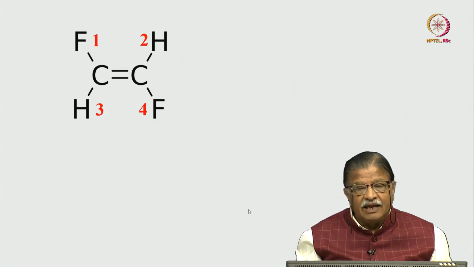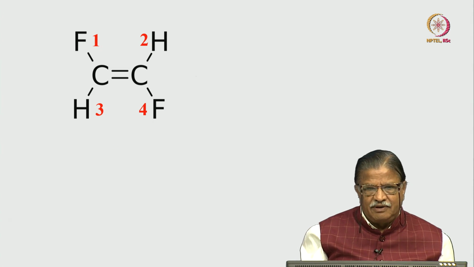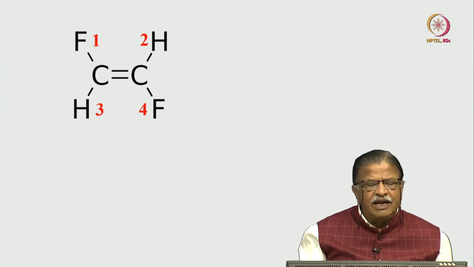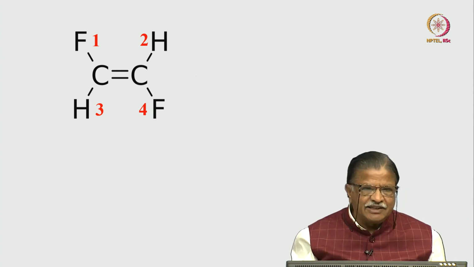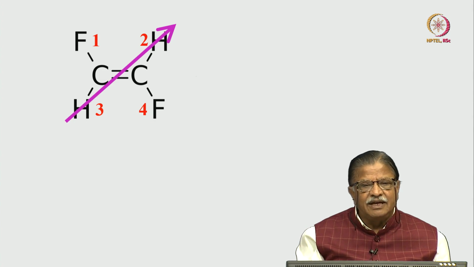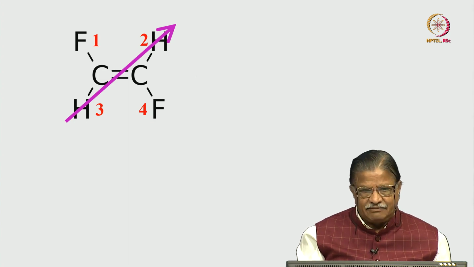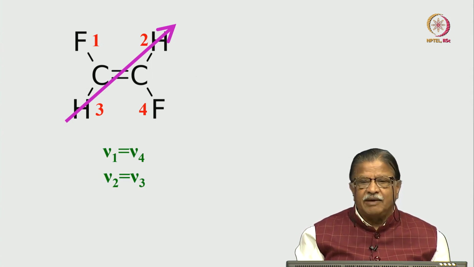Alright. Let us consider a molecule like this. What about this molecule? It is difluoroethylene. Is there a symmetry for this molecule? If I draw the symmetry axis, there is a symmetry axis like this. What does it mean? The two fluorines are chemically equivalent, and the two protons are chemically equivalent.